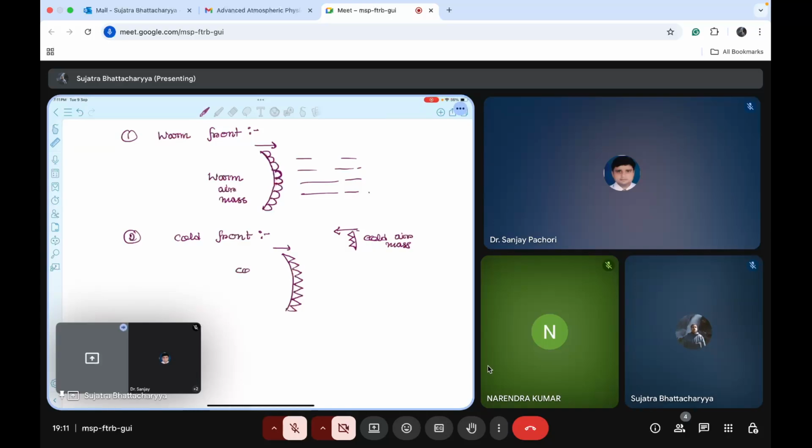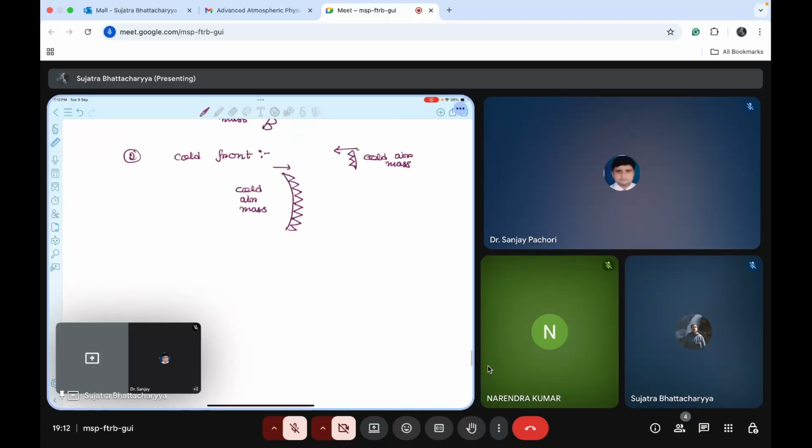So in the direction in which the front is moving, you have to give these triangles or these semicircles, and just behind that you have the cold air mass or warm air mass. It doesn't matter what is present in front of it. Sometimes you get warm air mass here, or sometimes you get different air masses.